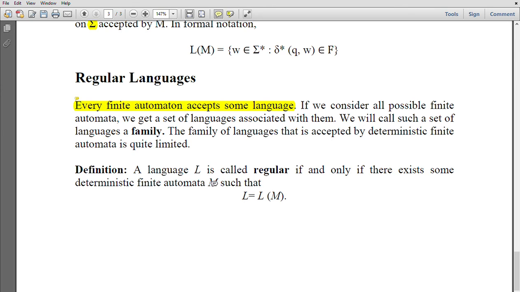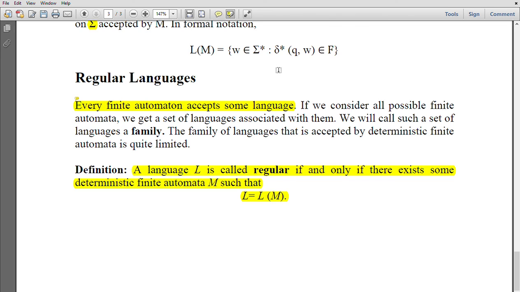So we can say that a language L is called regular if and only if there exists some deterministic finite automata M such that L is equal to L of M. So all the languages of deterministic finite automata are members of regular languages.